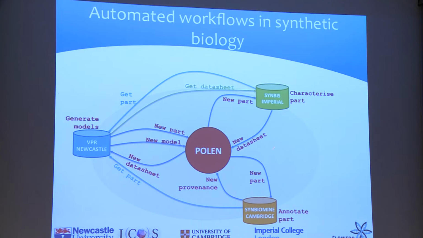When it's characterized, it publishes a new message saying, I have a new datasheet. That message is listened to by the VPR here. The actual datasheet is retrieved, a model is created using the datasheet, and then a new model message is submitted. That's all automated. The repository here is also listening for new part messages, and in return, it integrates data about that part and publishes a new message saying, I have integrated data, and now you can use it.